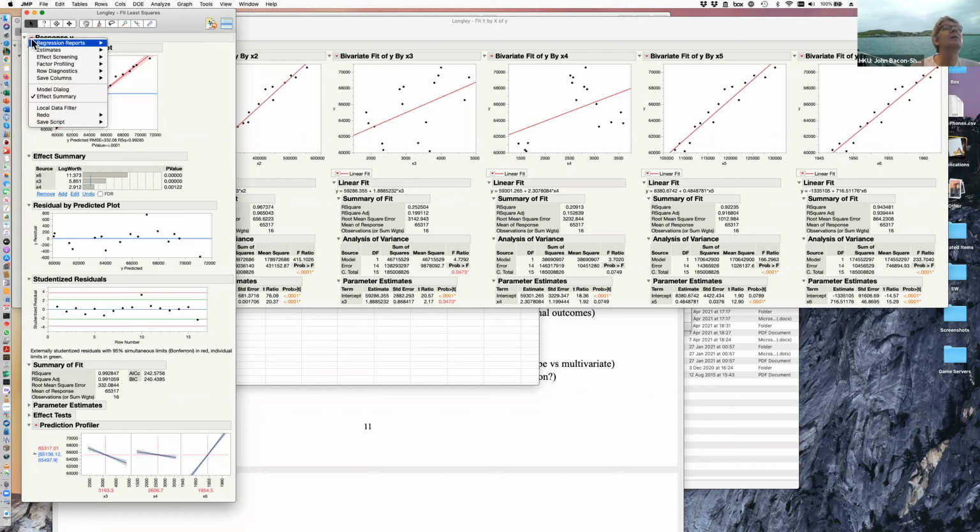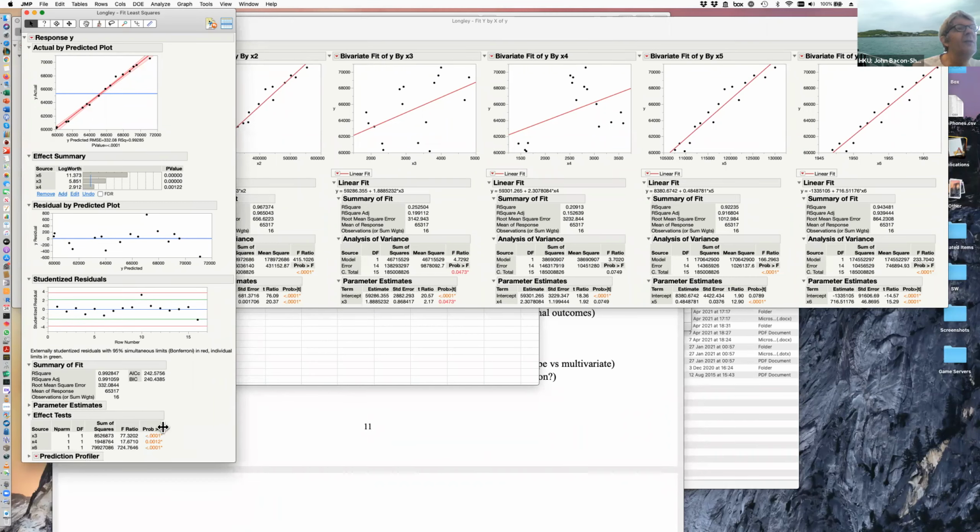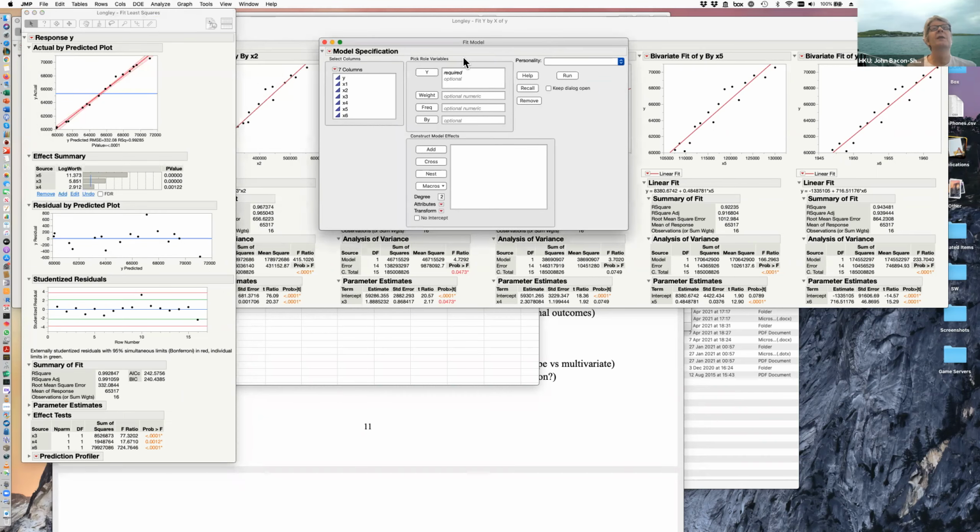Just a minute. Where's AICc disappeared to? I've lost it. I don't want the prediction profiler. I've lost it. Where is it put? Anyway, let me do side by side with this, the model with all of the x's in for comparison.